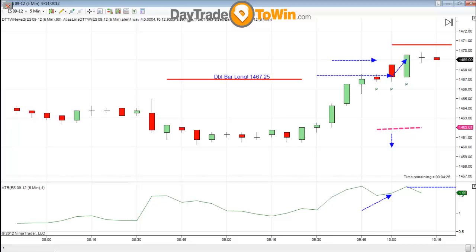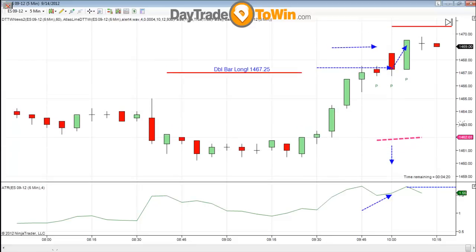Anyone have any questions on having an expectation on where the market's going to go, using that as a profit target? At least start off with that.